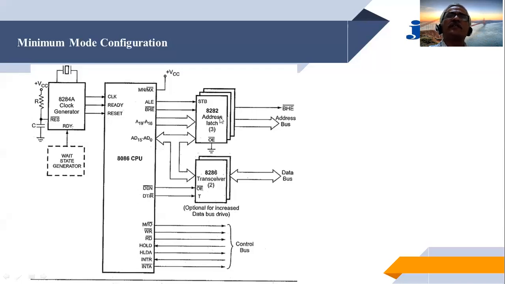So let me again tell you that the minimum configuration requires a clock generator 8284, and a set of latches, because there are 20 lines to be latched, so you require at least 3 one-byte latches like 8282.